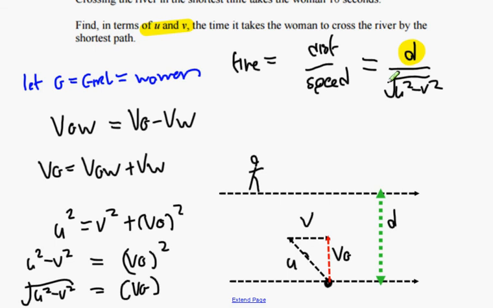So d equals 10u, because time equals distance over speed, and we have that going up at u.